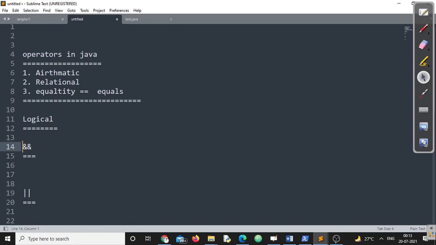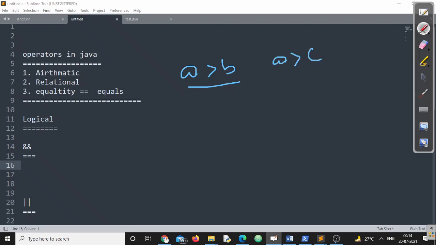Before going into anything, you can ask me, definitely there will be a doubt: sir, can you please tell us why logical operators are required, right? The answer to this question is, suppose using relational operators, we were calculating whether A is greater than B or not, whether A is greater than C or not.